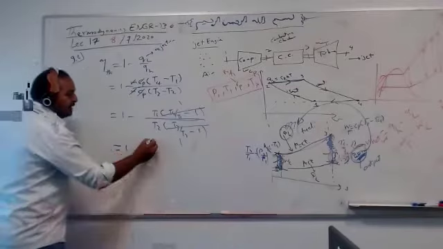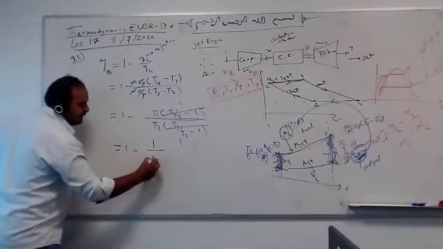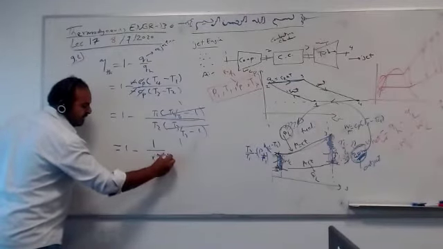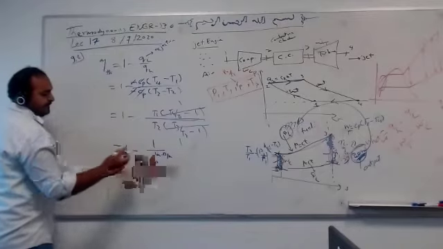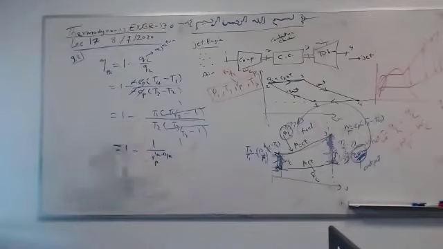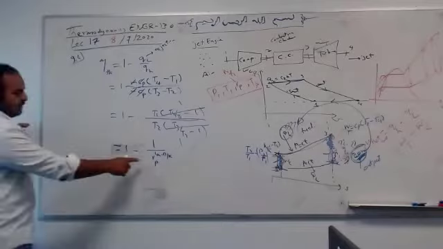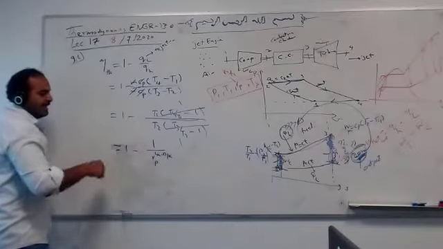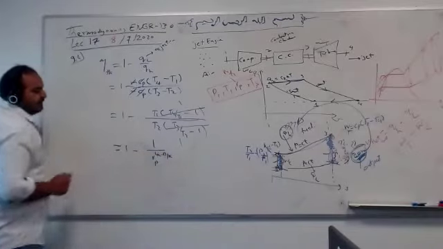So it's 1 over RP to the K minus 1 over K. Exactly the same as the Otto cycle. But in the Otto cycle it was the volume ratio, R to the K minus 1. Here it is RP to the K minus 1 over K.